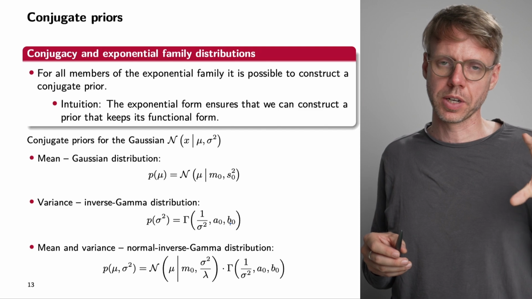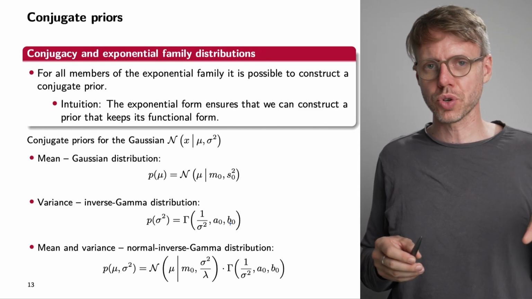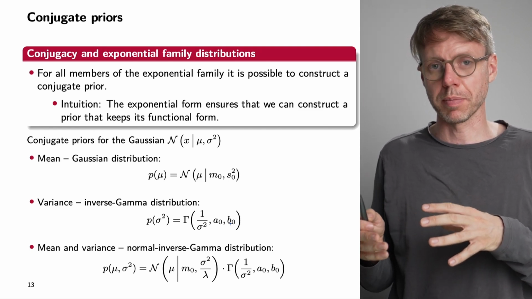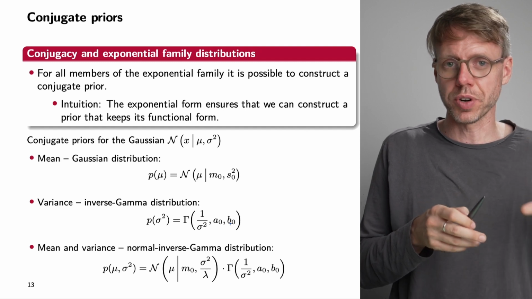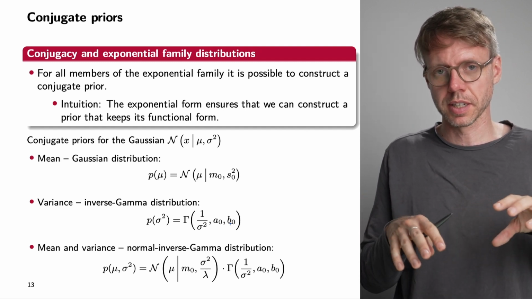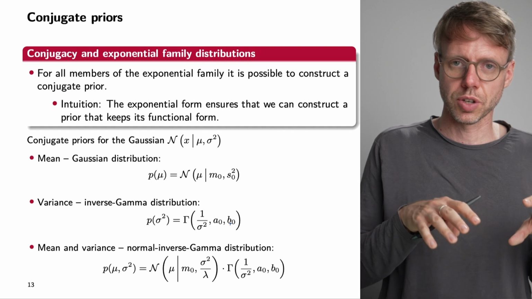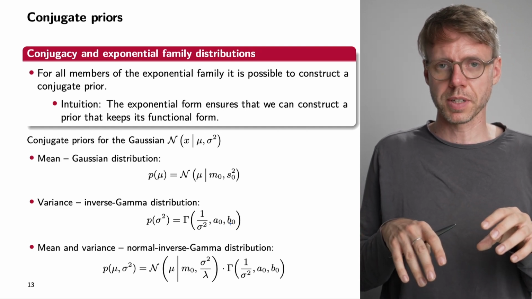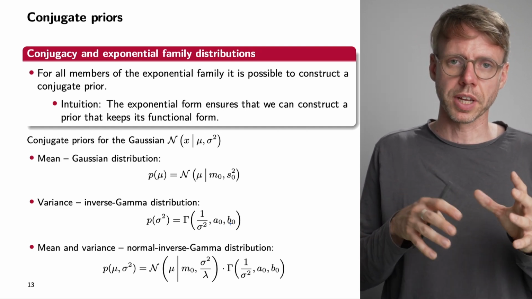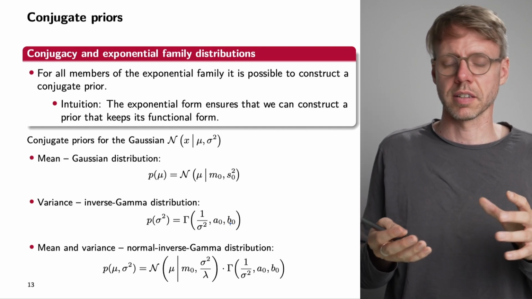Once we know that a distribution is a member of the exponential family, so once we have shown that it can be reformulated as the product of these 3 terms, then we know that a conjugate prior exists.